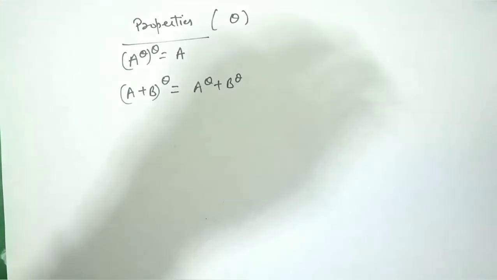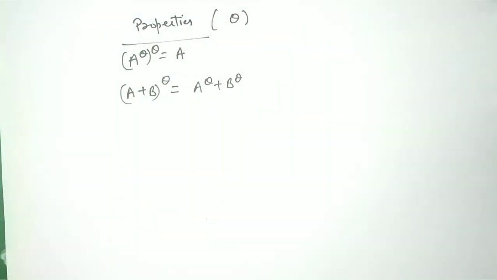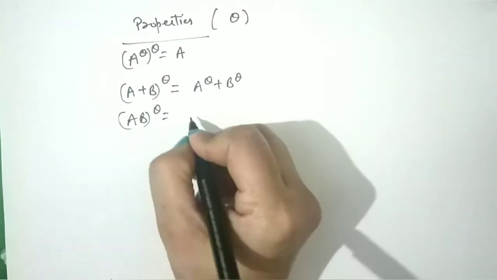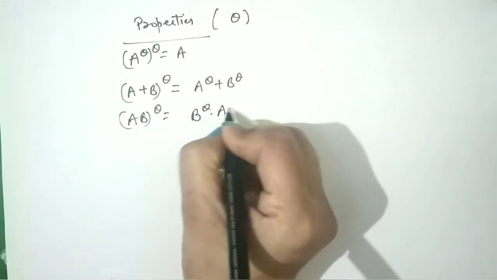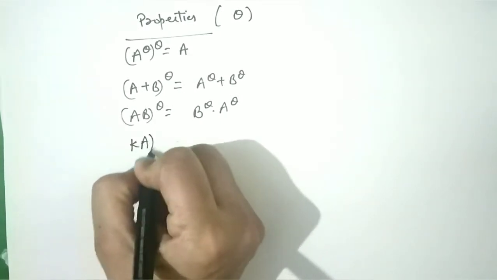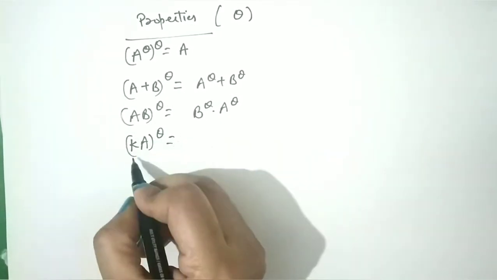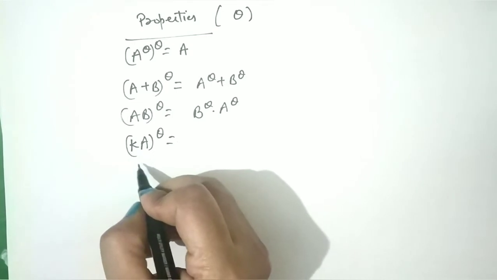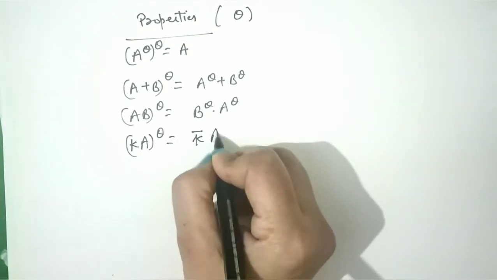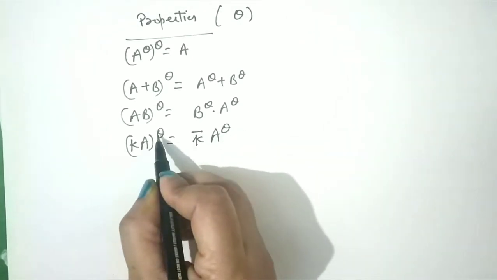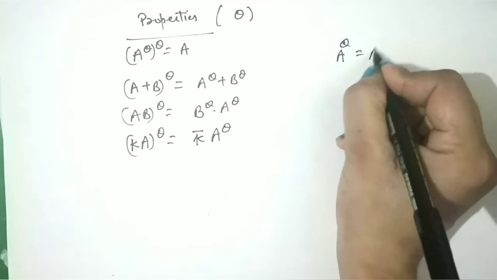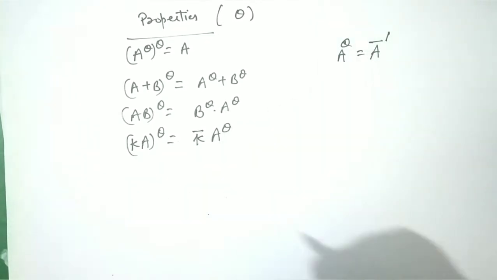And if we apply the operation of theta on the product of two matrices, it will become of reverse order, B theta into A theta. Similarly, if we apply theta on the scalar multiple of A, it will be conjugate of k into A theta, because theta consists of two operations, conjugate and transpose.